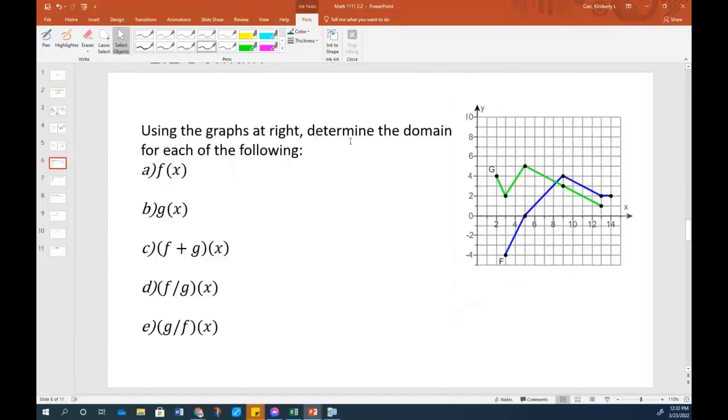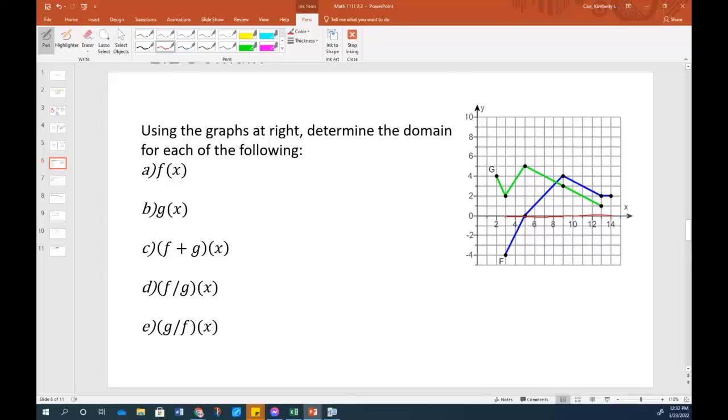Okay? Now, using the graph, determine the domain of each of the following. So domain is about the x values that are used. Let's look at this. If we took this f function, which is this blue one, and put it to the x-axis, it ends up squishing it to the x-axis.